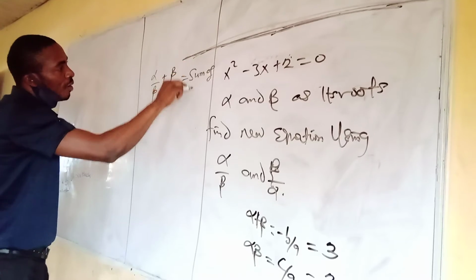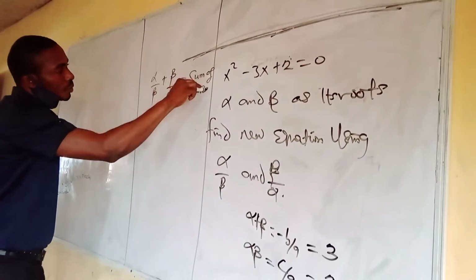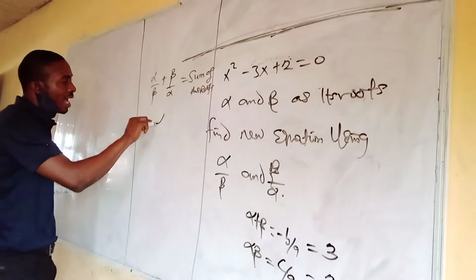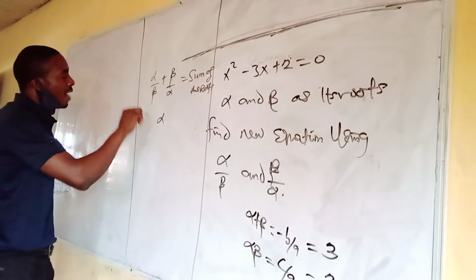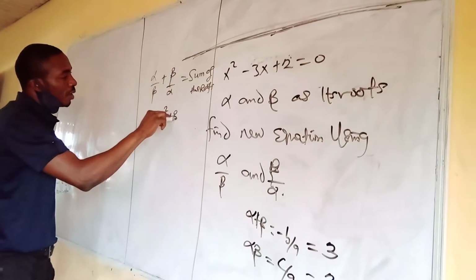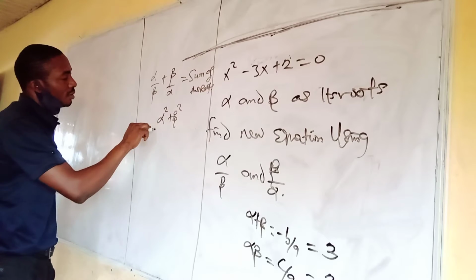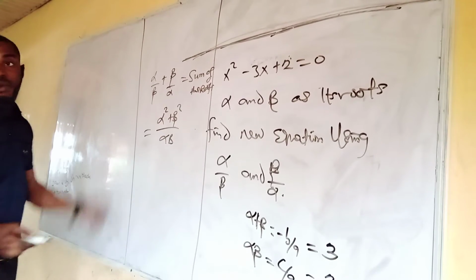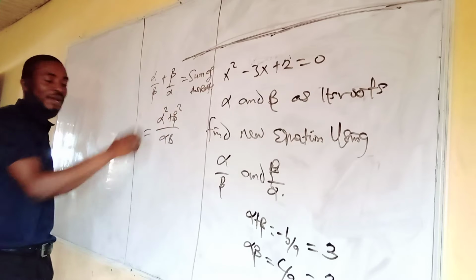This is the sum of the roots of the quadratic. Now this will give us alpha square plus beta square over alpha beta, if you find the LCM.